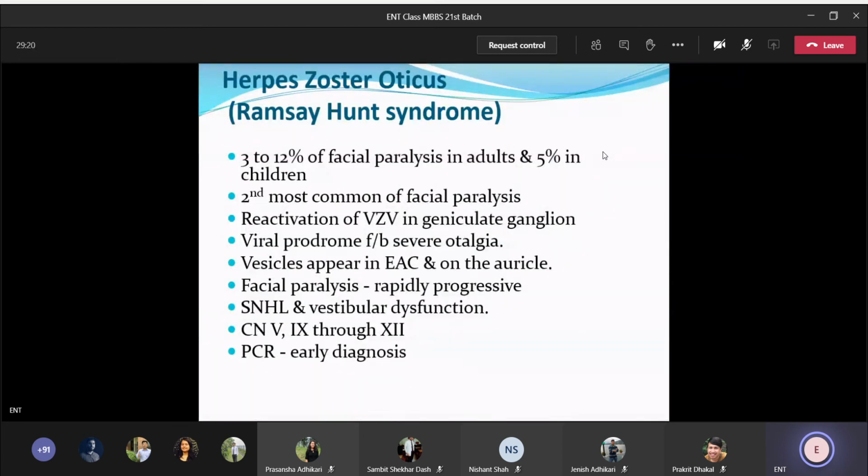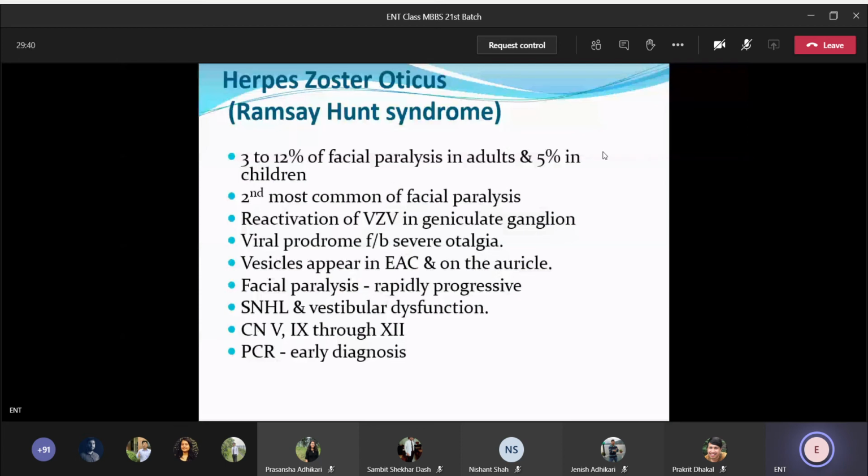It is due to the reactivation of the Herpes Zoster virus in the geniculate ganglion. So the Herpes Zoster virus resides in the geniculate ganglion, which is reactivated following a decrease in immunity.